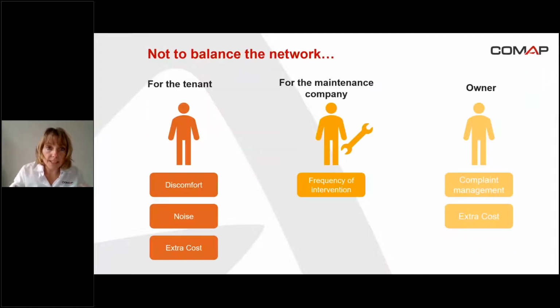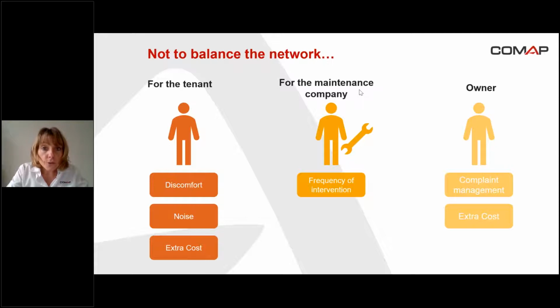So to sum up this information, it's necessary to balance the network, because with no balancing, for the tenant, it's not comfortable because of the temperature, too low or too high. It's noisy because of the water velocity. There is an extra cost.